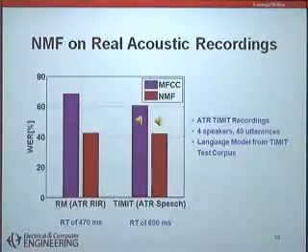We see that the improvement holds up in both cases. Actually, they are not directly comparable because this room impulse response is not the same as the room impulse response here. Anyway, we see that the improvement holds up in real collected speech as well.